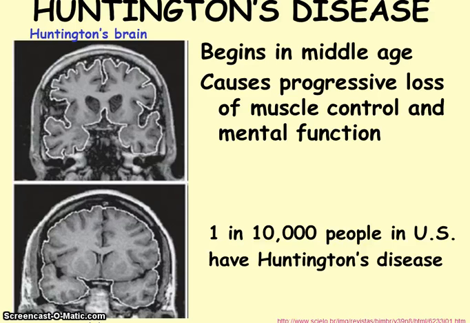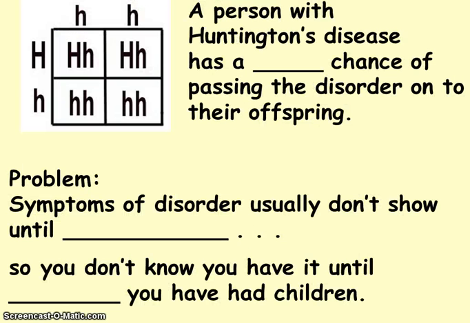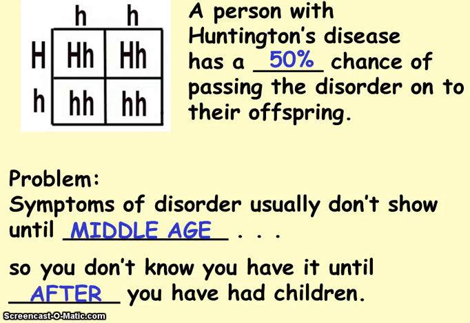So Huntington's begins at middle age and causes progressive loss of muscle control and mental function, and happens in 1 to 10,000 people. So a person with Huntington's, if you look here, has a 50% chance of passing the disorder onto their offspring. However, you don't know this until middle age, so you don't know if you're going to have it until after you've already had kids.